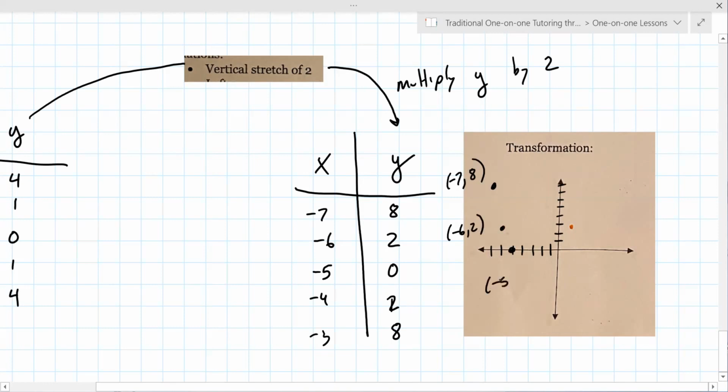The next one is -5, comma 0. -4, 2. And then -3, 8. And that's what your instructor is looking for on this one.